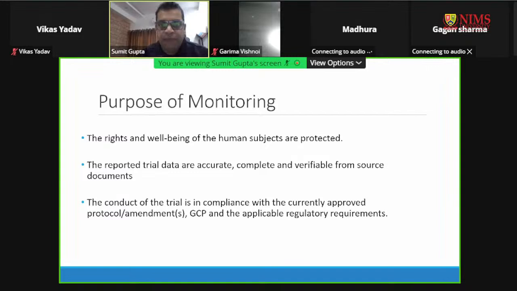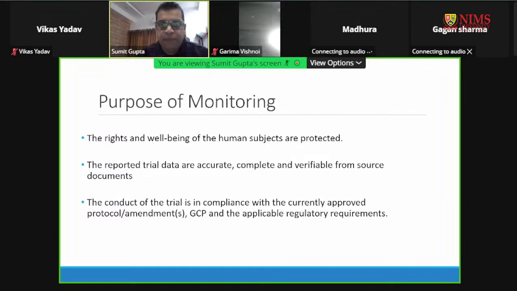And this is a reactive approach, with limited ability to identify issues quickly. Issues can be identified only by CRAs at the site, so it takes 4 to 6 weeks to identify any potential issue. Because of this, we are now seeing different kinds of monitoring, which depend a lot more on technologies.